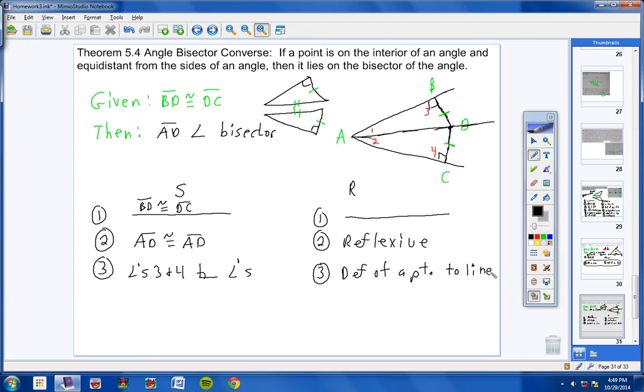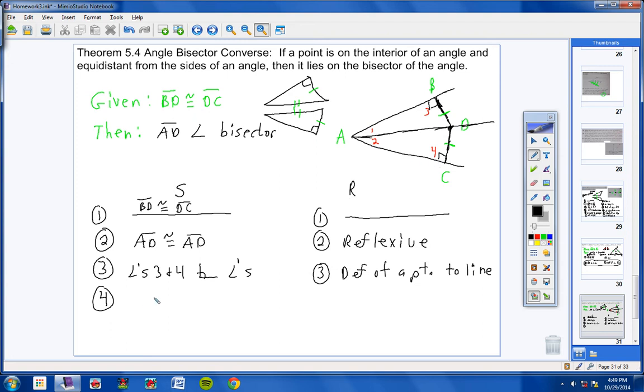Whenever we say find the distance from a point to a line, we're saying that line has to be perpendicular. Okay? So just by saying the distance from the point right here to the sides of an angle, these two lines here, this line here and this line here, have to be drawn perpendicular. Okay? So angles 3 and 4 have to be perpendicular.